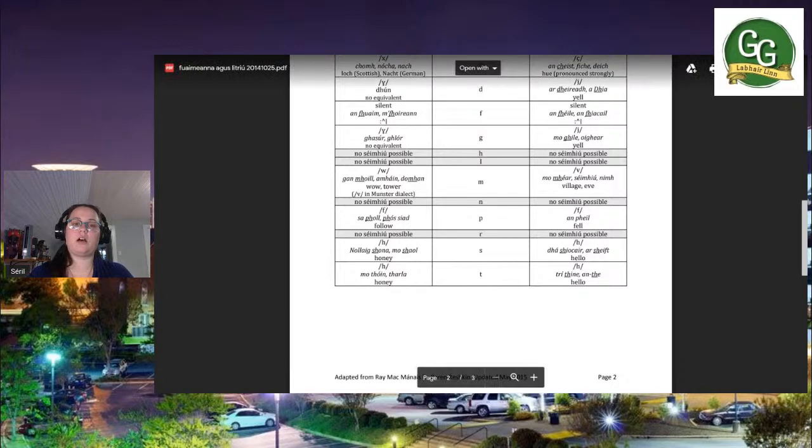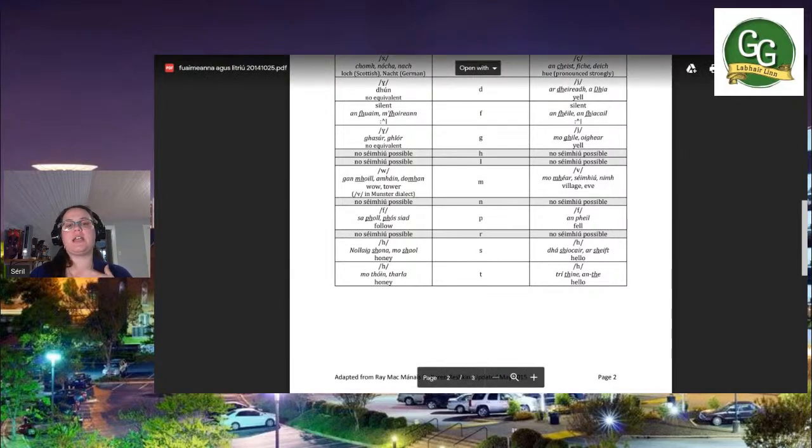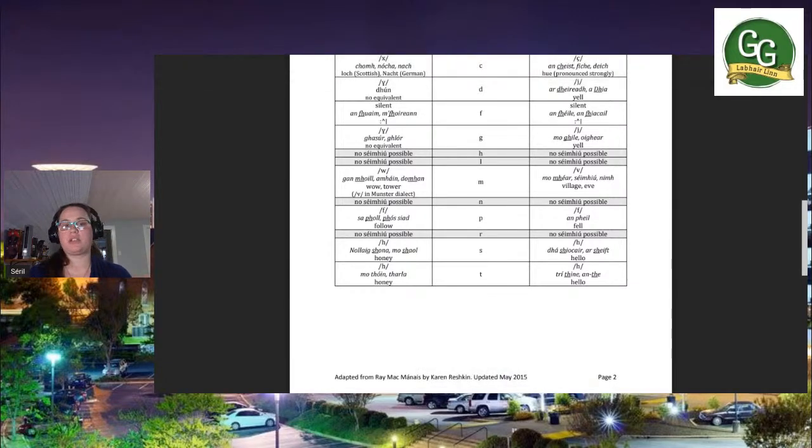So G becomes that guttural G in front of an A, O or U, like "glór". I can say it better in a flowing sentence, but it's that guttural G, and then just like the D, it becomes that Y sound with a slender vowel.